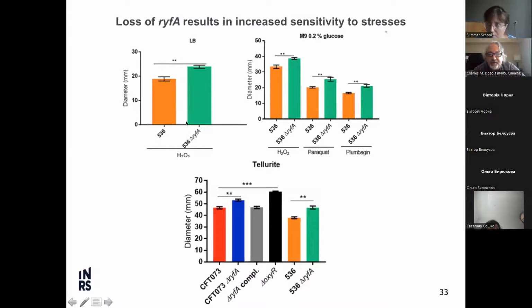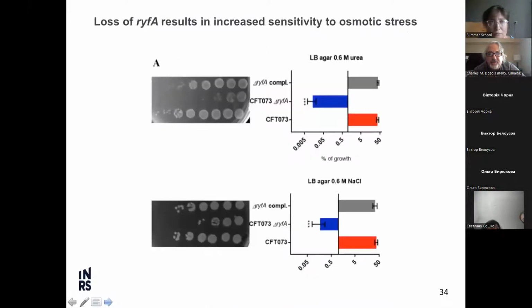And so knocking out RIF-A in that strain as well causes an increase in sensitivity to hydrogen peroxide, paraquat, and plumbagin. In some cases also, tellurite is another product that can cause stress, and we saw some changes as well with CFT 73 and with this 536 strain, showing a greater sensitivity to stresses.